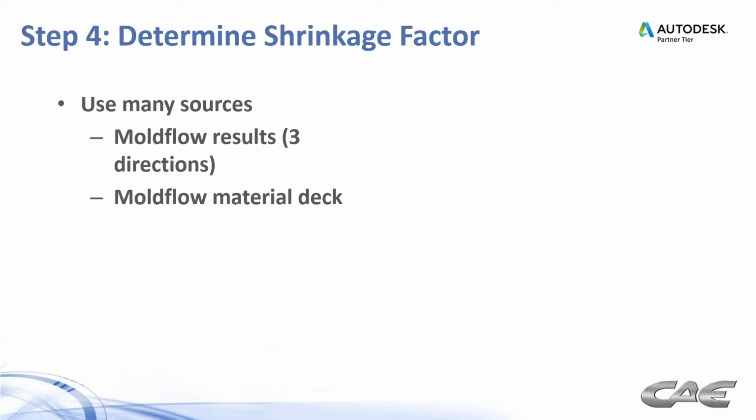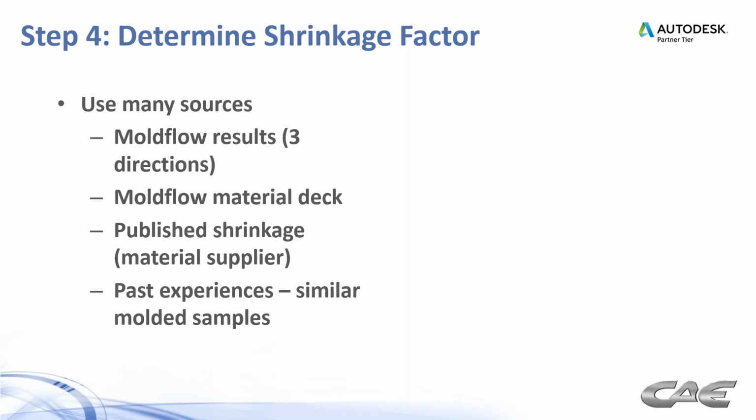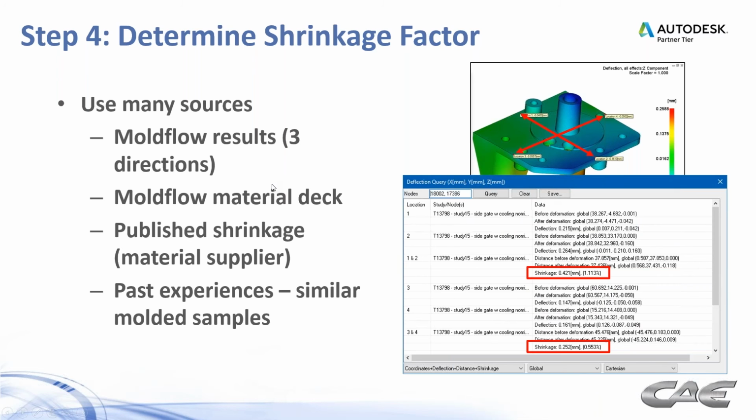You can use that information to know what you can expect for shrinkage values over a wide range of processes. You can use published shrinkage data from the material supplier, and you can use your past experiences. So all of these factors should be considered to determine the different shrinkage factors in the different directions. And it's not always going to be the case that you're going to put different shrinkage factors in different directions.